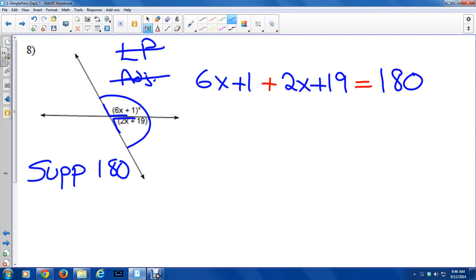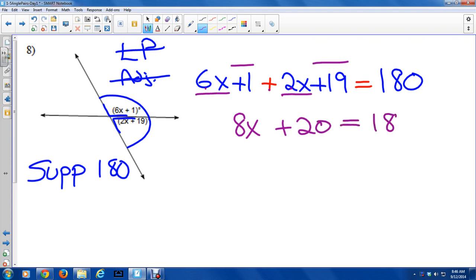Do a little combining like terms, help us out here, right? 6x plus 2x, we get 8x. Then there's 1 plus 19, we get plus 20. We didn't touch the equals, and we didn't touch the 180.